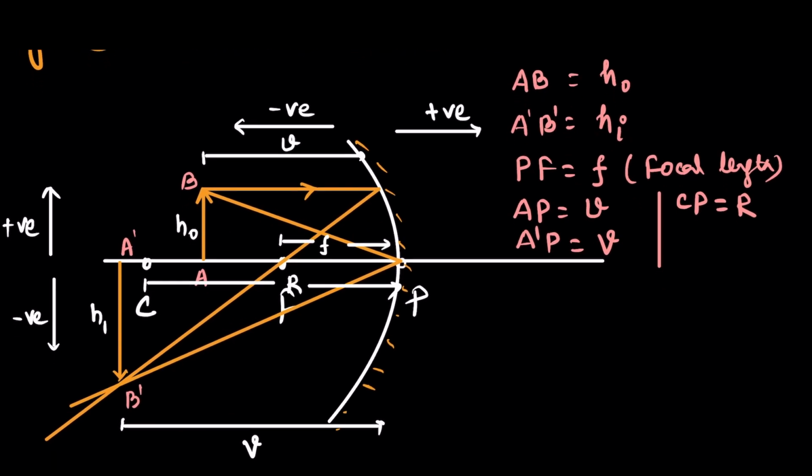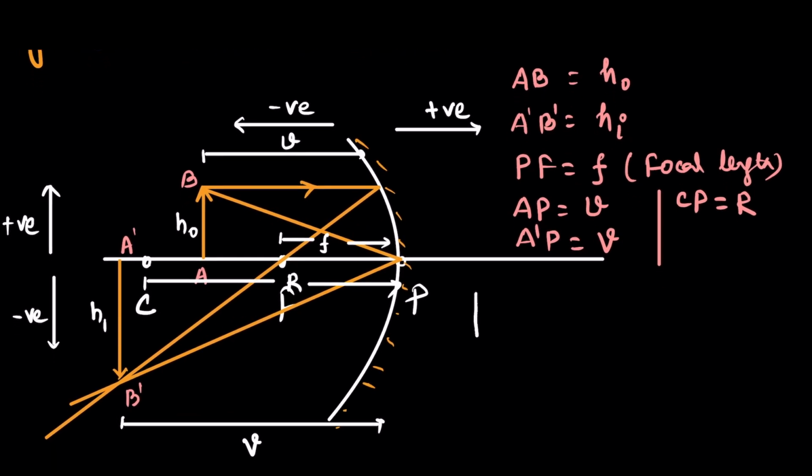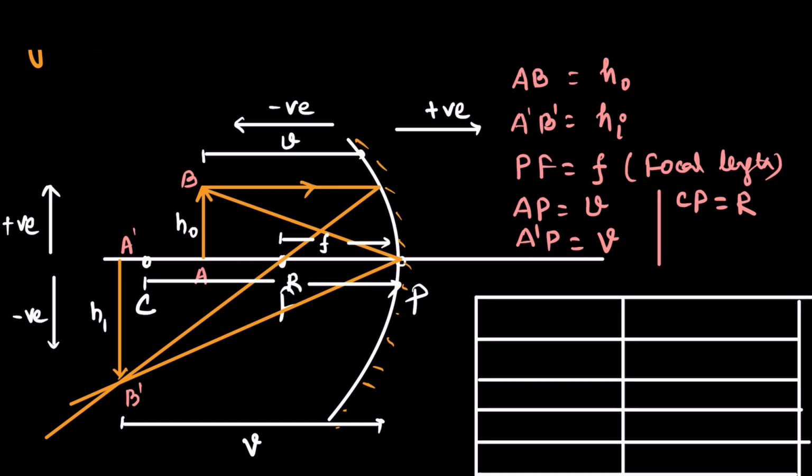So if we try to make a table based on this example, here U is on the left side. This is our U. And U is present on the left side. So that's why U is considered as negative based on this example.